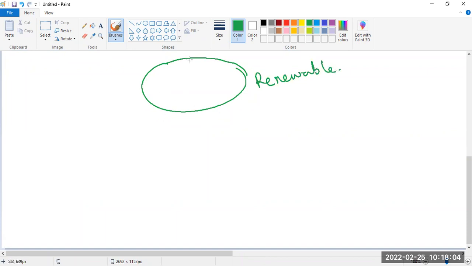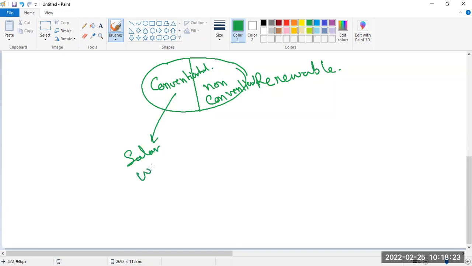In this renewable, there are two parts. First one is conventional and another is non-conventional. From the conventional, that is solar, wind, this type of energy comes, and this is non-conventional.